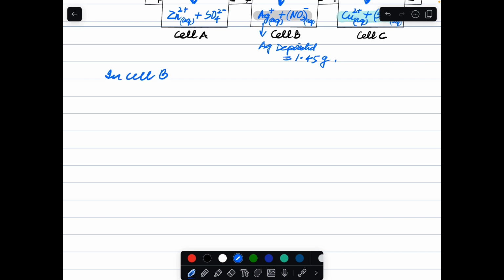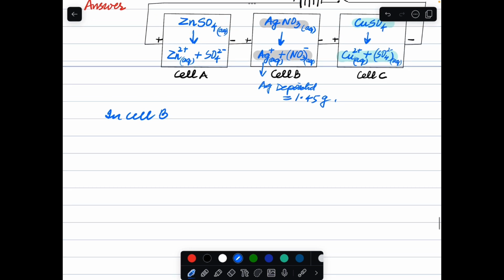What is the reaction? The reaction we have already written. Silver nitrate is there, therefore we have silver ion and nitrate ion. The silver ions, Ag+ aqueous, present in the medium will undergo reduction at the cathode, that is the negative electrode, taking electron from the cathode and being converted to silver metal.